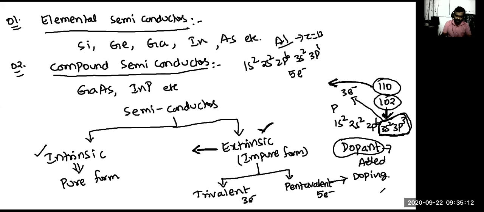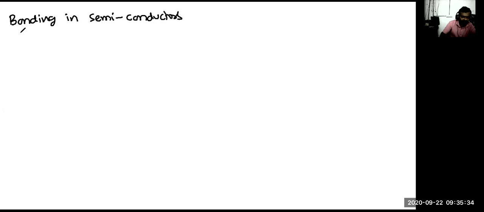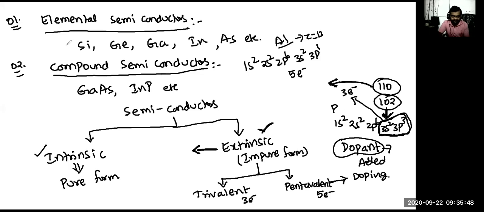Firstly, before going to trivalent and pentavalent, first see the bonding in semiconductors. For example, a semiconductor like silicon, or you can take germanium, anything.